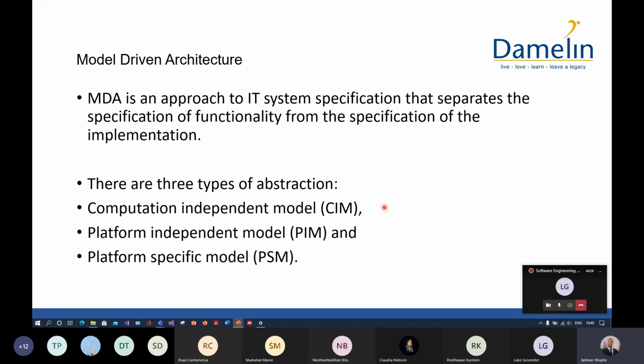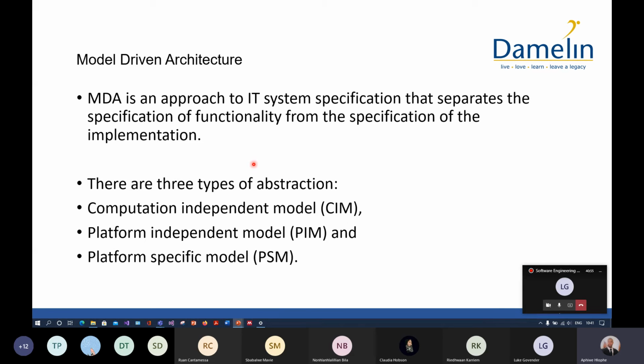And this helps to reduce the amount of errors. It speeds up the development time. Most importantly, it ensures that you implement reusable, platform independent models, okay?